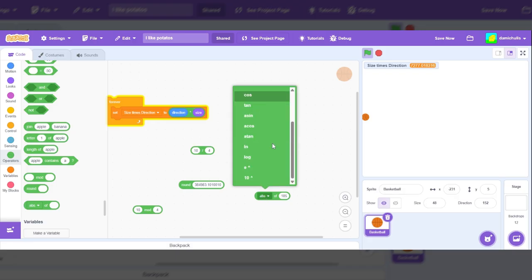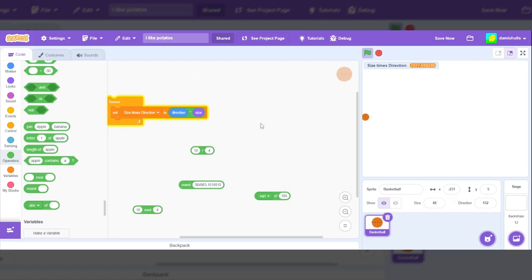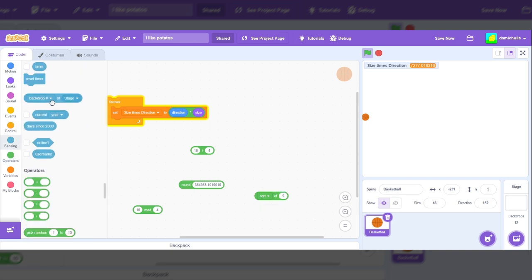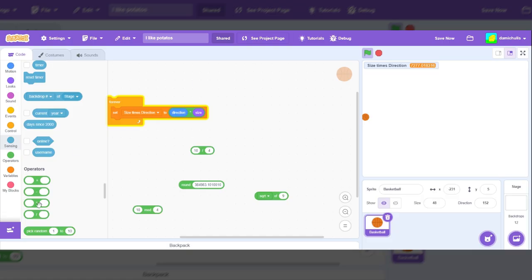And then all the other ones are really hard to explain, but some of them I can. For example, sqrt is the square root. Like the square root of 9 is 3, because 3 times 3 is 9.